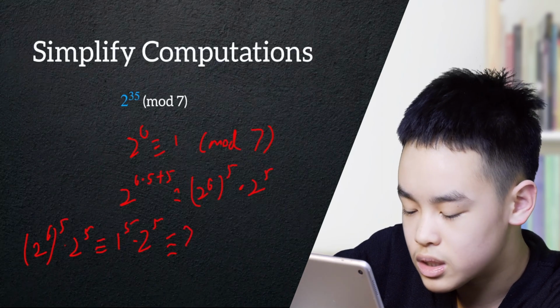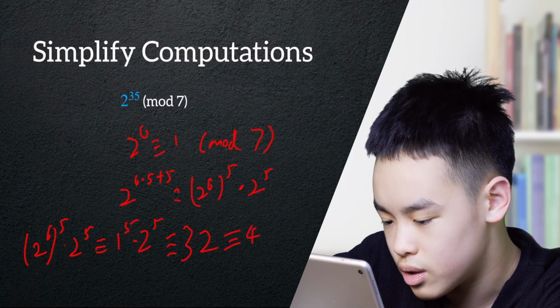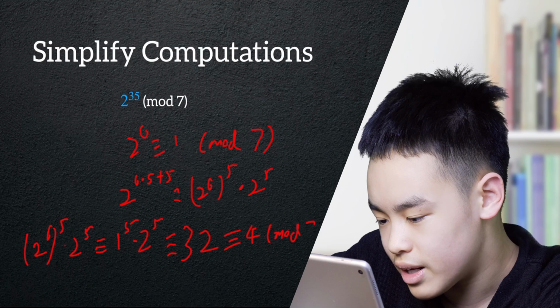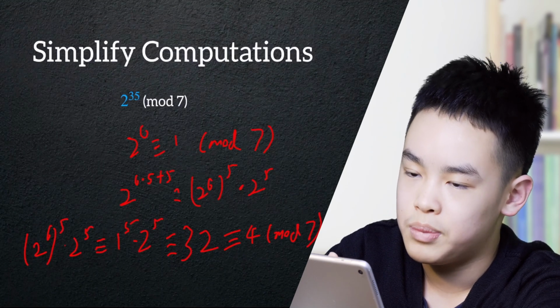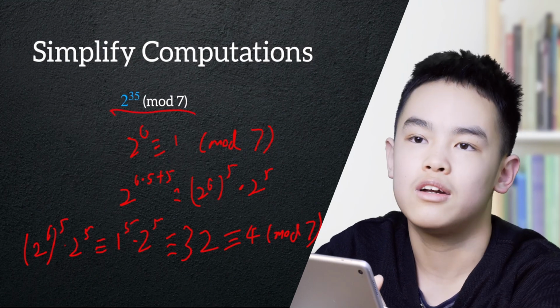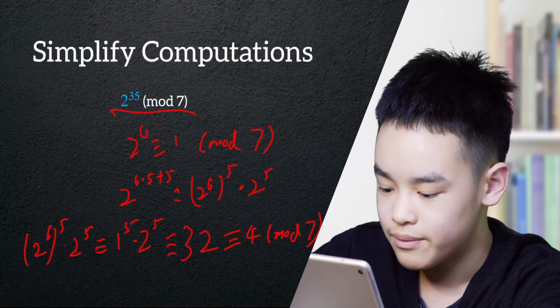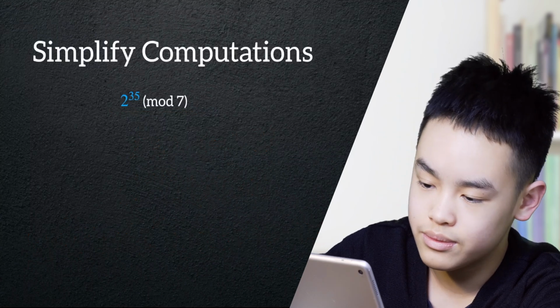So it's also congruent to 32, which is congruent to 4 modulo 7, and it is sure a pain to read, but in the end, we solved this without a calculator exploding. So it actually helps out a lot.